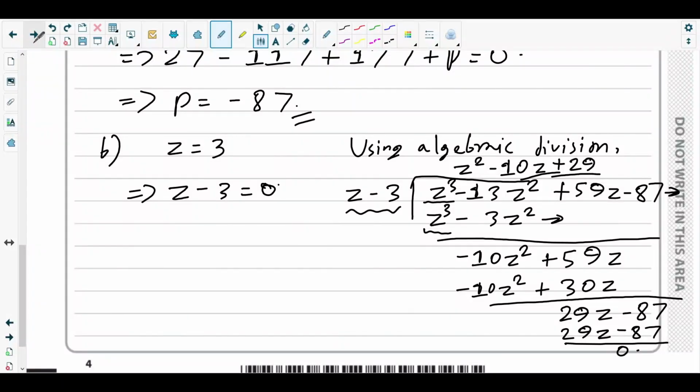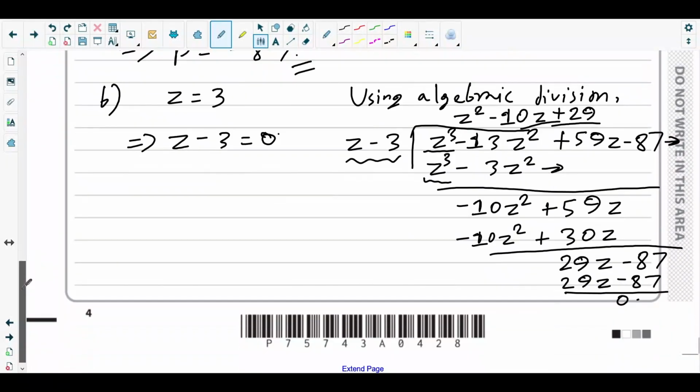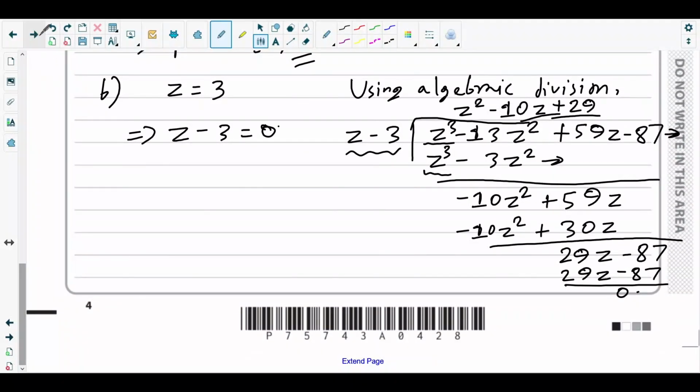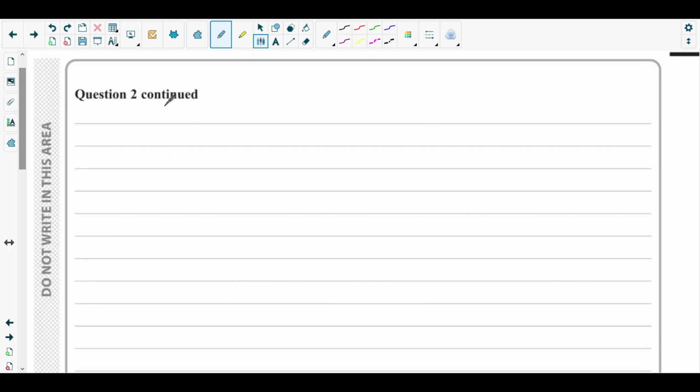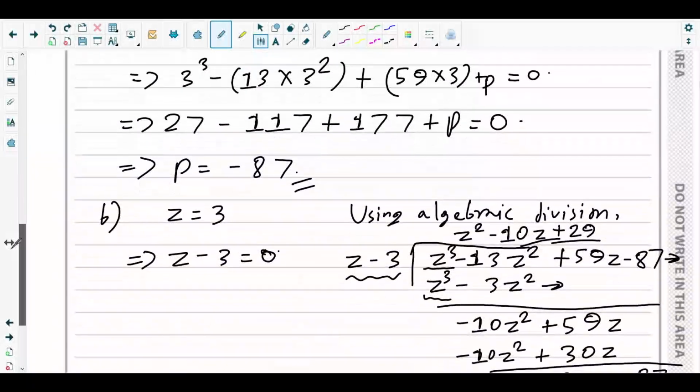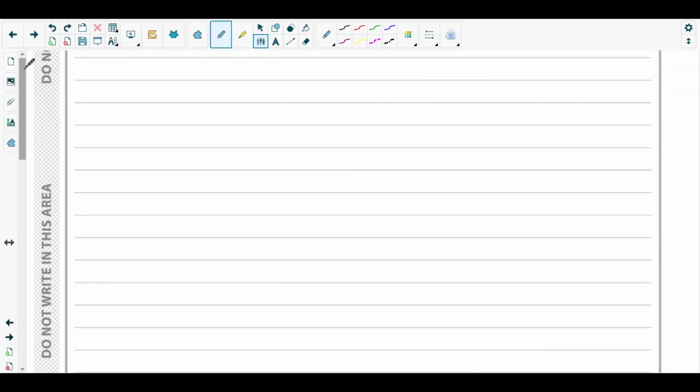So that means f(z) divided by z minus 3 gives z squared minus 10z plus 29.